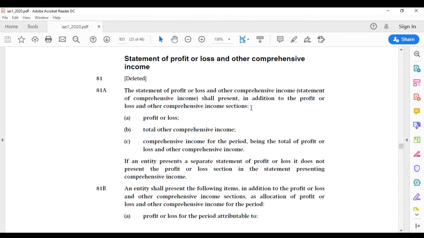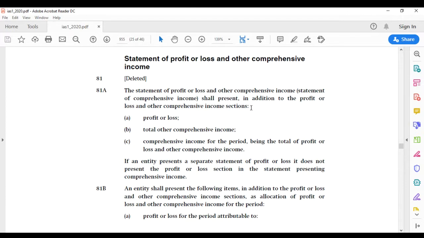You remember yesterday we said there was a list, I think it was 10 of them, from A to J, of all the possibilities of other comprehensive income. So if this company has 7 or 8 categories of other comprehensive income, then it will make sense for them to follow the two-statement approach.